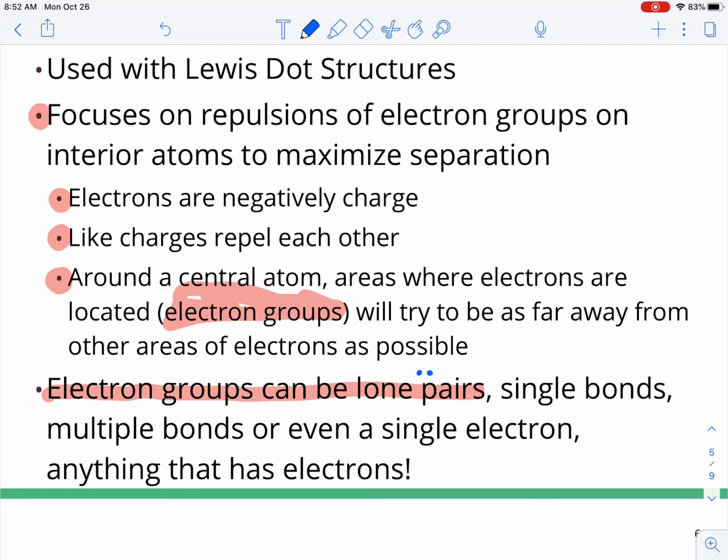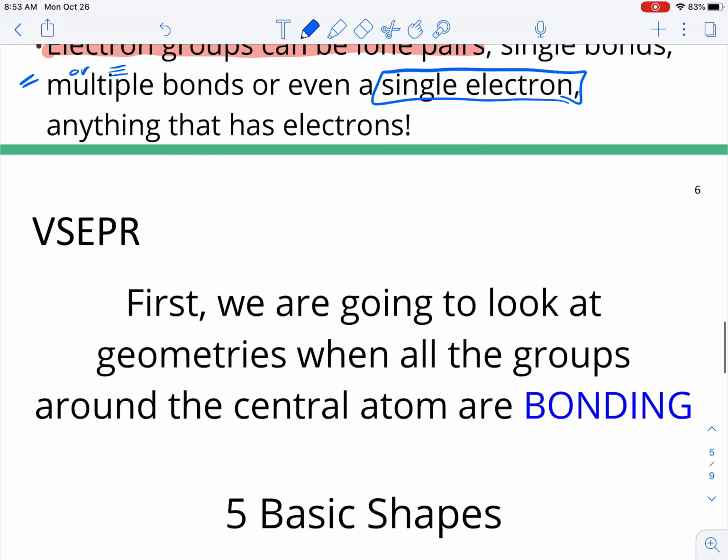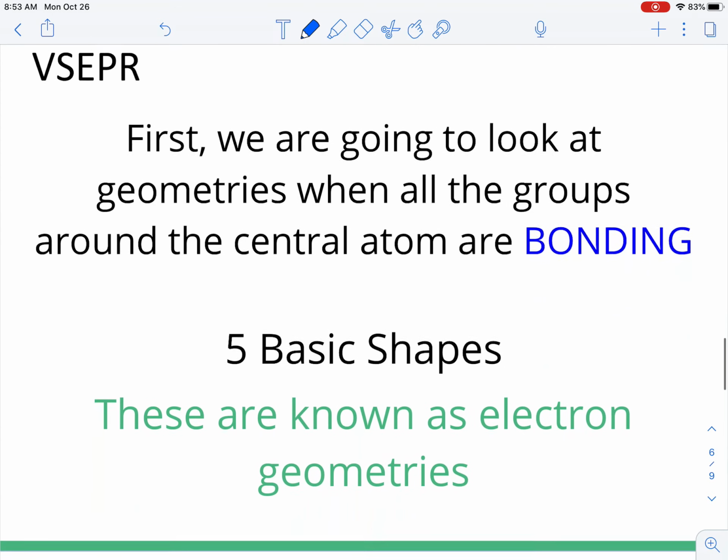Okay, so like this is a lone pair. Single bonds, multiple bonds, so double or even triple bonds, or even a single electron. We're not going to worry about these, but it's possible. Or anything that has electrons. They're going to try to stay as far apart as possible.